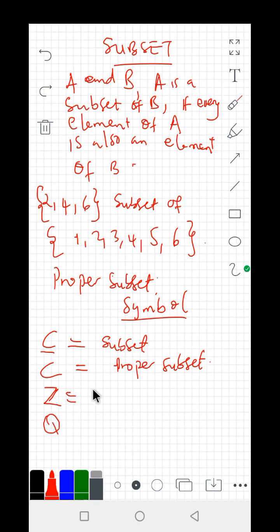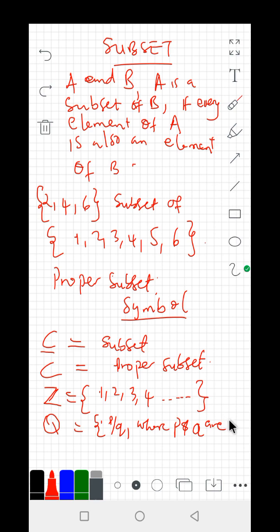Now we know that the set of integers comprises, if you can recall, 1, 2, 3, 4 down till infinity. The set of rational numbers are numbers which can be written in the form p over q, where p and q are what? Integers.